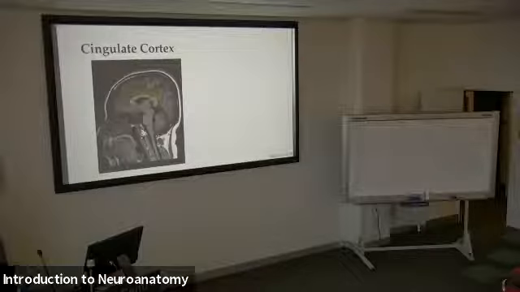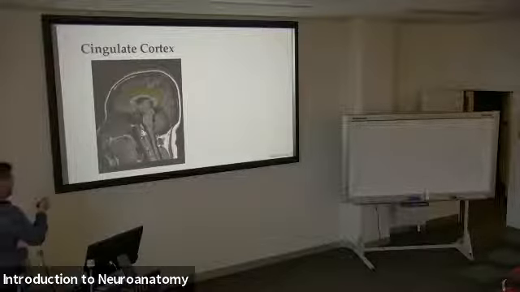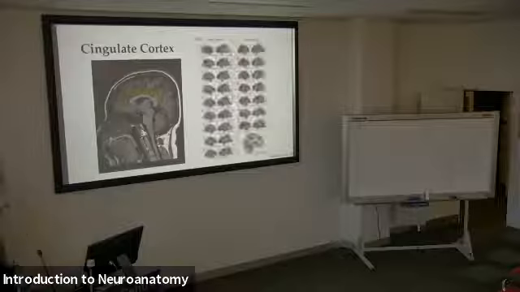As I move further back, I'm going to hit what we call the motor cingulate, the sensory cingulate, the paracingulate, the retrosplenial cortex. So you can think of the cingulate cortex as a little mini microcosm of whatever cortical region is near it. That's not a perfect way to think about it, but it's certainly a nice starting point.